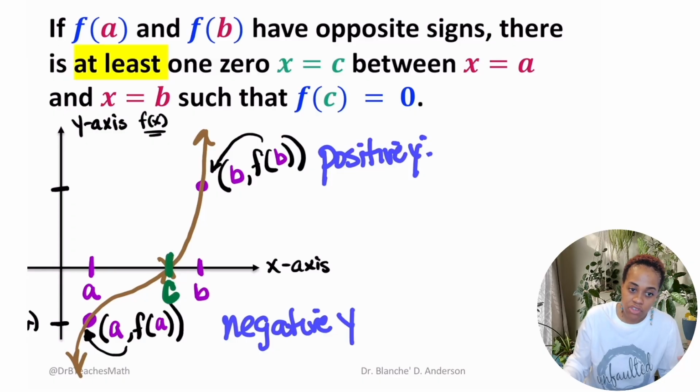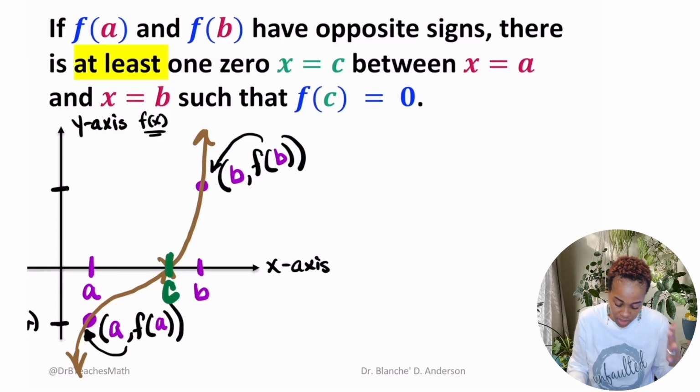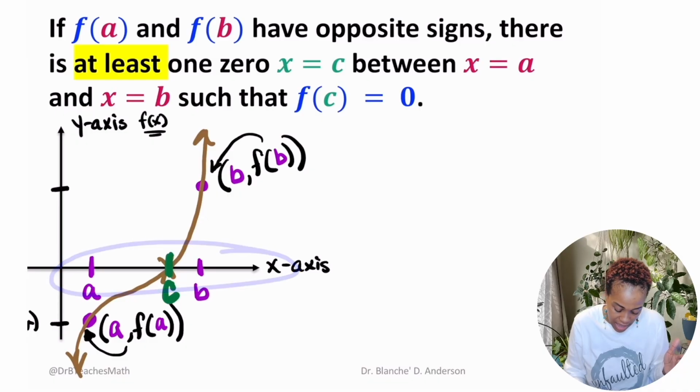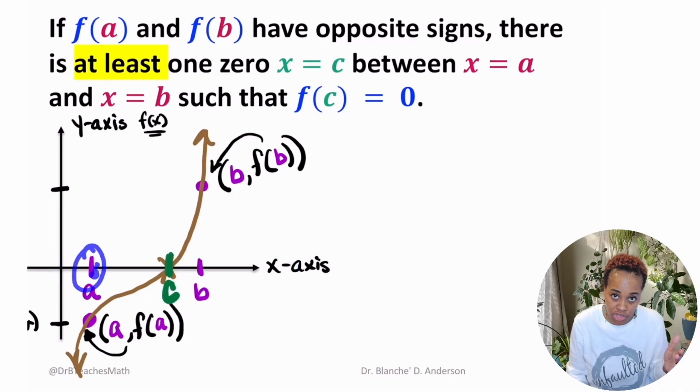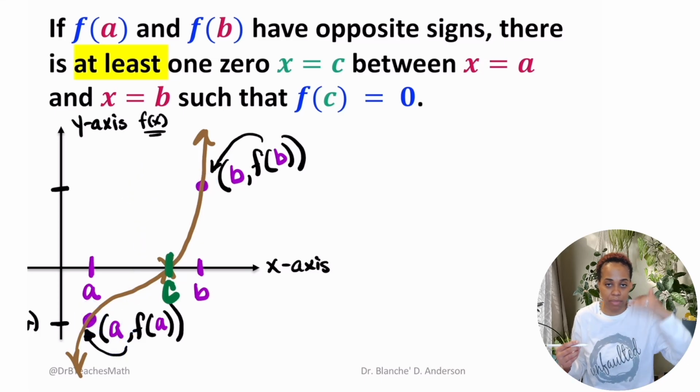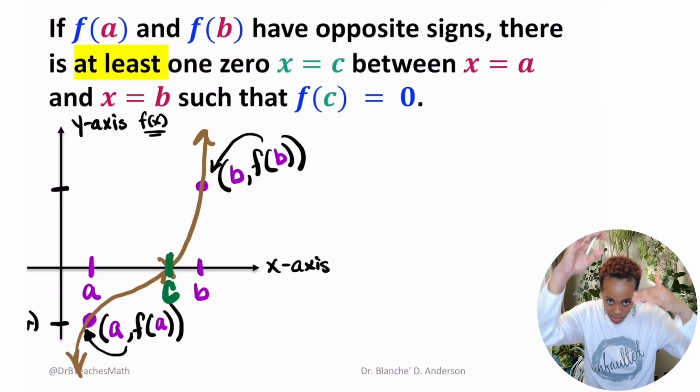You'll see that? So if you pick 2 points on the x-axis, and when you plug them into your function one comes out negative and one y value comes out positive, you had to have crossed the x-axis, because the only way to get from a negative y to a positive y, or a positive y to a negative y, is to go up or to come down, right?